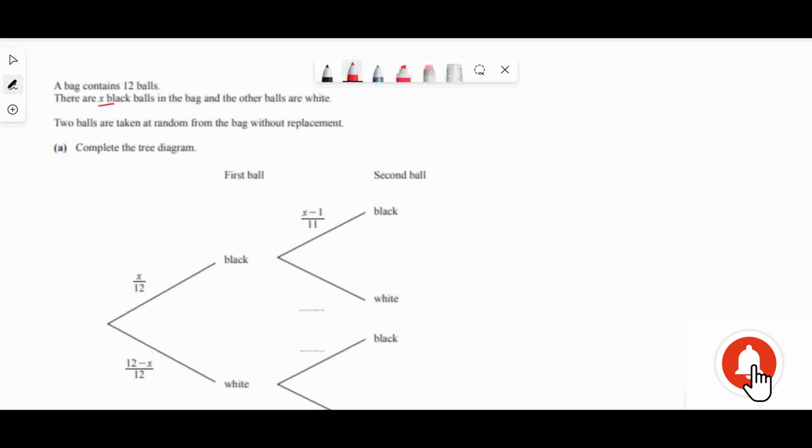X black balls, which means that the white balls will be 12 minus X. Now, 2 balls are taken at random from the bag without replacement. Without replacement means that this is a dependent event. It means that the first ball pick will affect the second ball. Now complete the diagram.